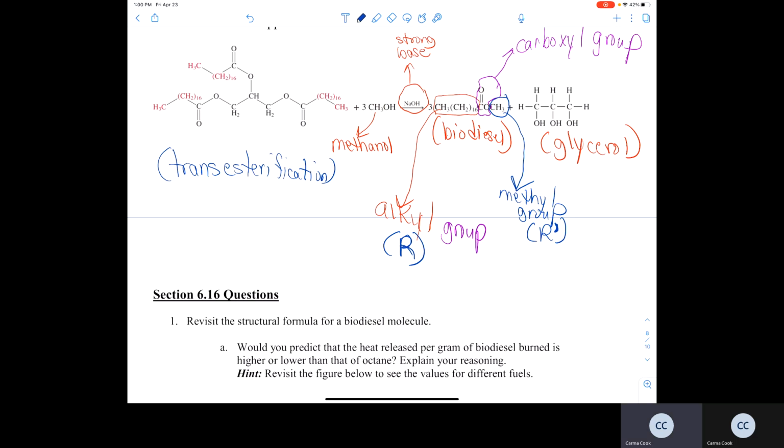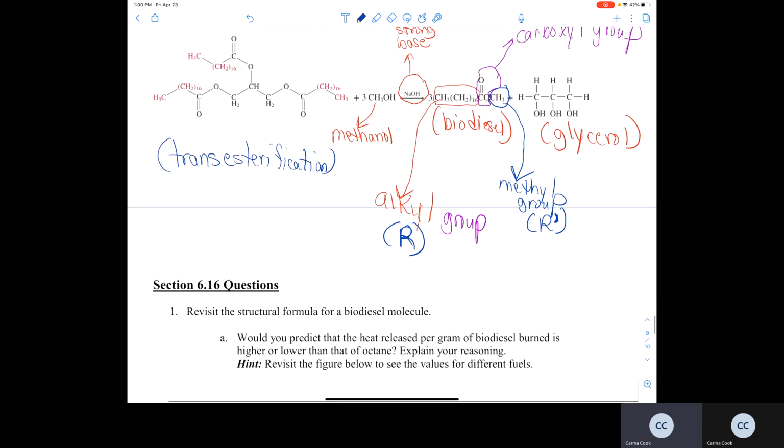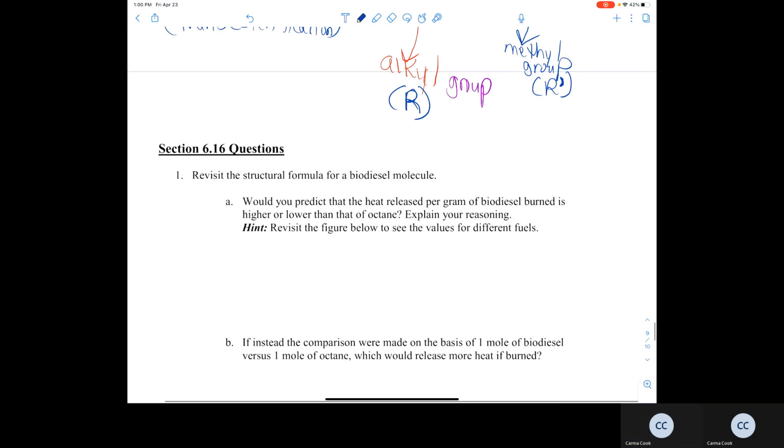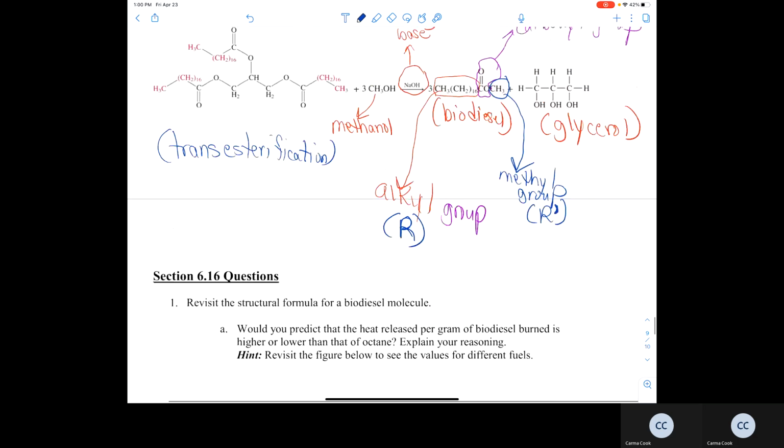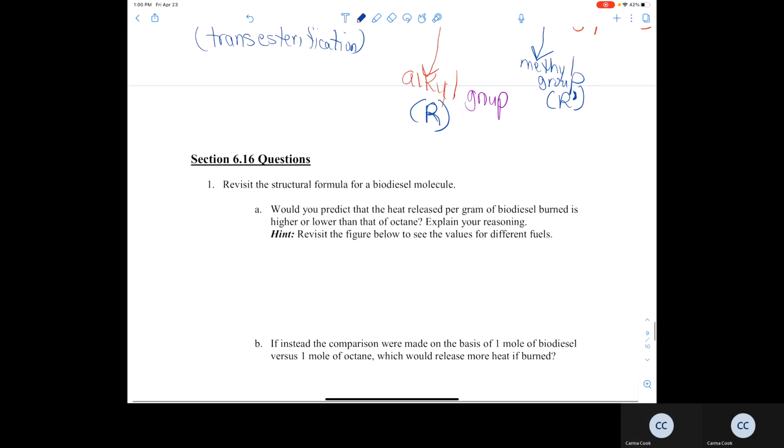And so therefore, taking into account the structural formula for the biodiesel molecule, what do we predict: is the heat that's released per gram of the biodiesel burned higher or lower than that of octane? Well, one thing that's true about biodiesel, because it's made from methanol or ethanol, which are alcohols, it's oxygenated, just like ethanol.